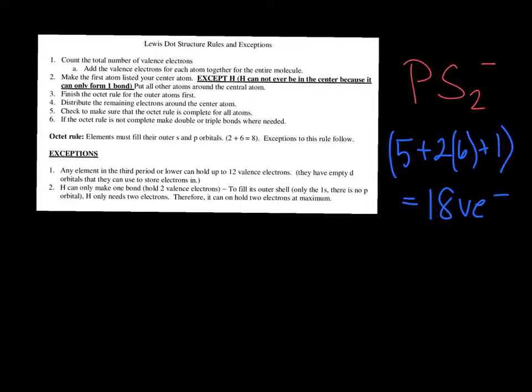And I'm going to put phosphorus in the middle, and I'm going to bond to it 2 sulfurs. So I've used 4 of the 18 valence electrons in the bonds. Now after you put all the atoms around the central atom, you have to finish the octet rule for the outer atoms first. And so I'm going to fill up the octet on the outer atoms first.